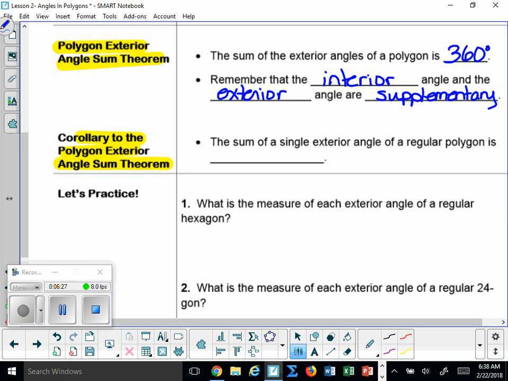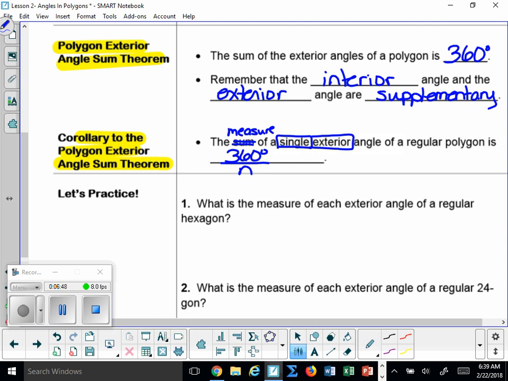The corollary to this is we can find, and this should say the measure, not the sum, typo, of one or a single exterior angle by taking 360 degrees and dividing by the number of sides.